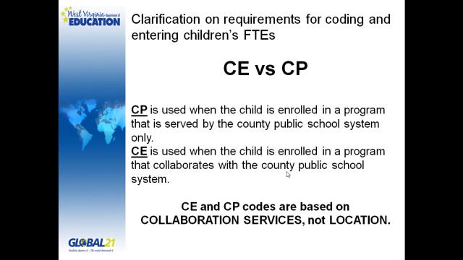So the CP code is used when that child is enrolled in a program served only by the county public school system. And the CE code is used when the child is enrolled in a program that is collaborative with another agency such as Head Start or Child Care. So it is possible to have children sitting in a public school building who would be a CE code because that classroom is collaborative with Head Start or with Child Care.